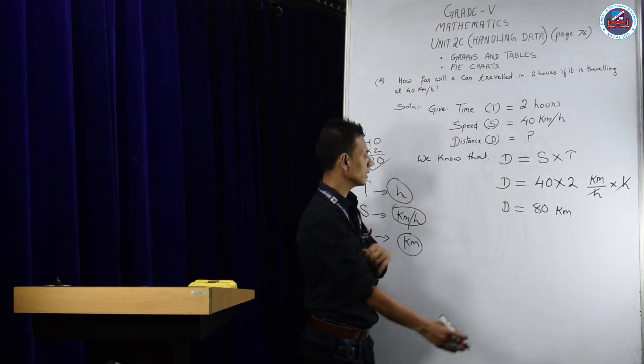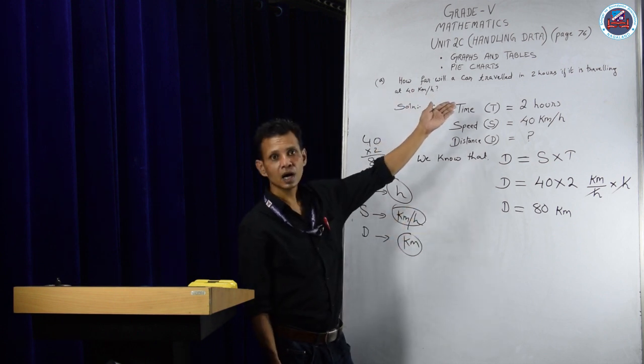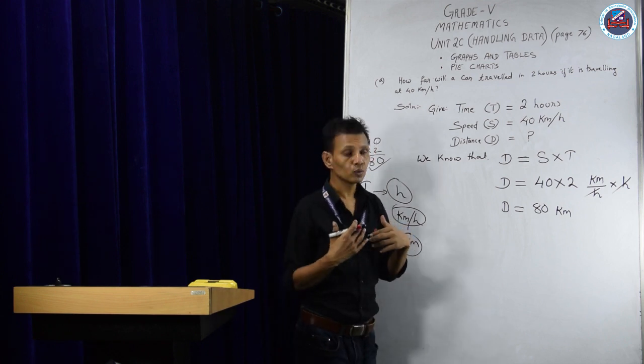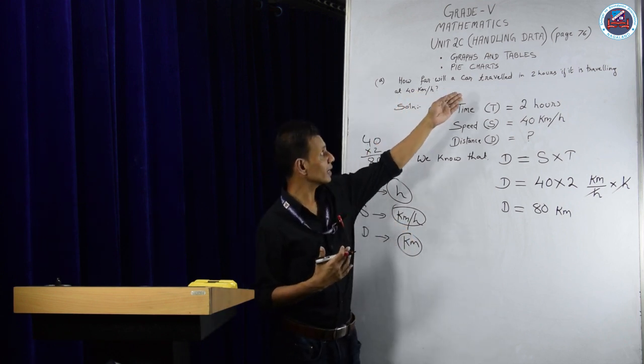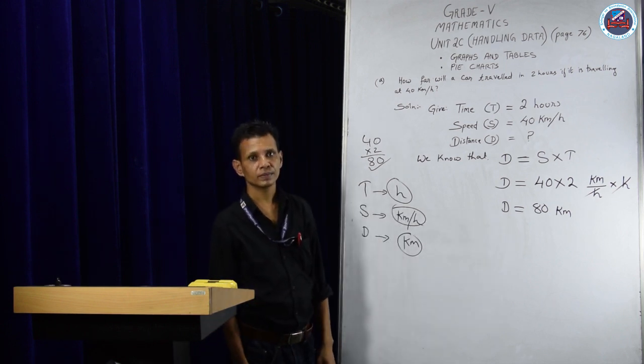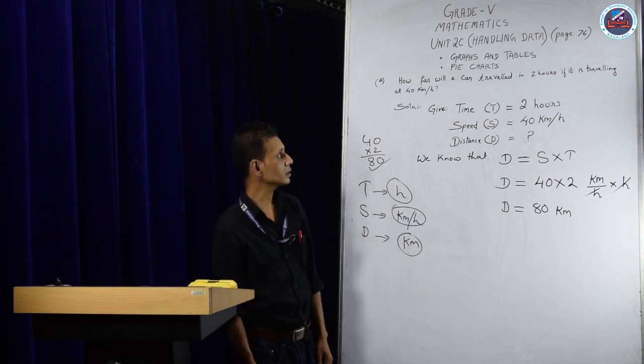Okay, you're done. You were asked to find how far the car will travel. How far will the car travel? Now you know that it is 80 kilometers, in 2 hours. See, in 2 hours.